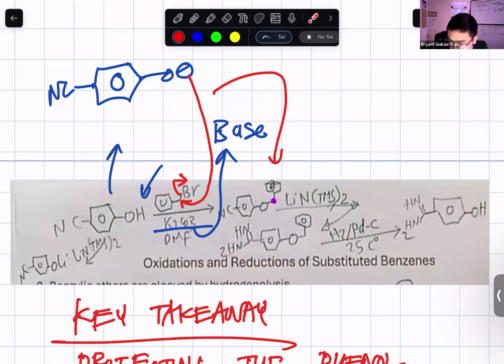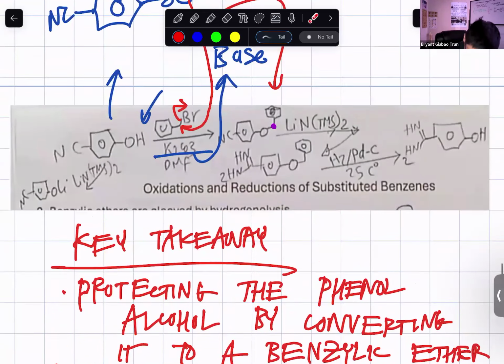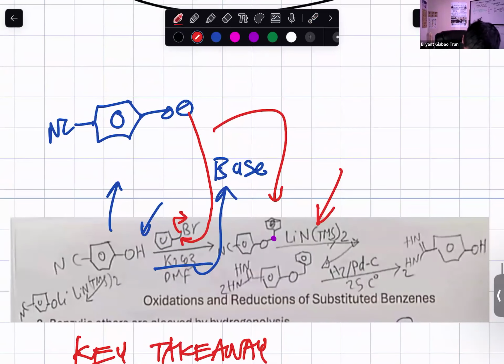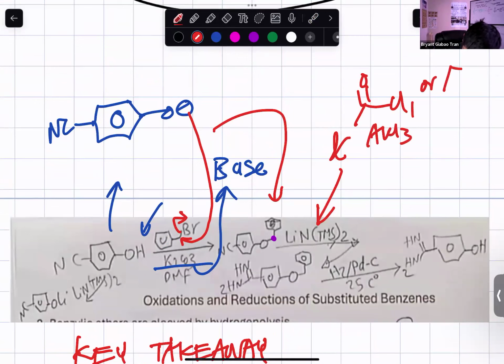Right. What reagents should we look out for to protect alcohol against? Yeah, so the reagents that you want to look out for are going to be this that he gave you, and some acyl group like that, or some Friedel-Crafts reagent like that, AlCl3, or it doesn't have to be Friedel-Crafts acylation, it could be alkylation as well.